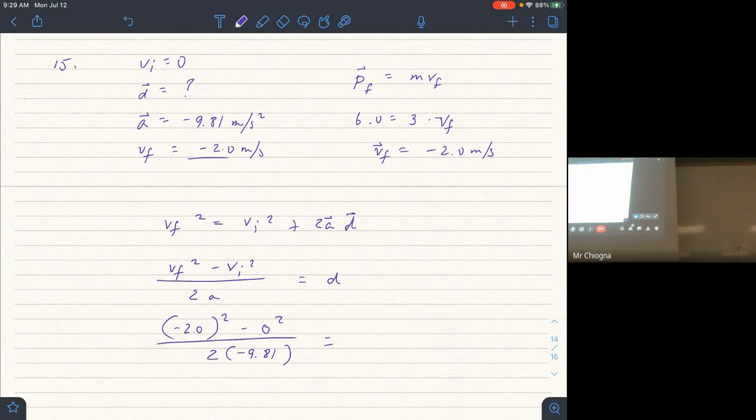And it only falls a distance, the displacement is negative, but the distance that it falls is 0.20.